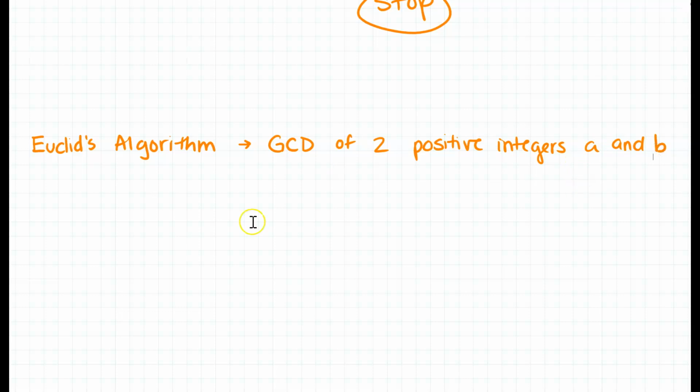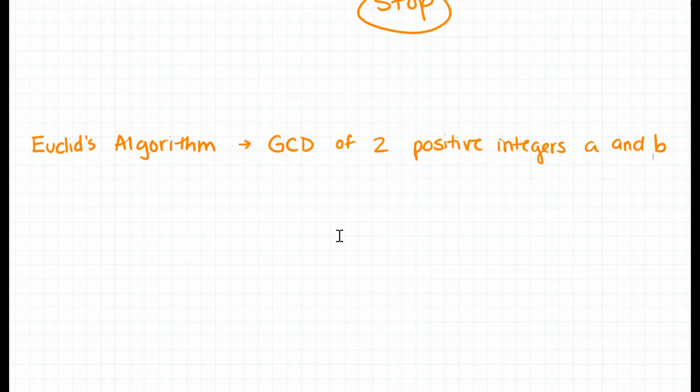So this algorithm starts with two positive integers, a and b, and the output is going to be the greatest common divisor, so the greatest number that a and b can both be evenly divided by.